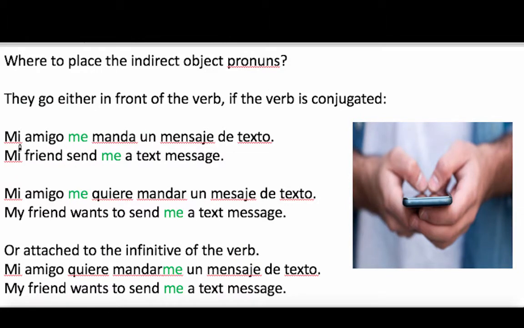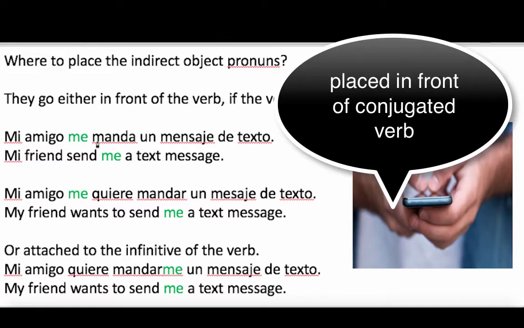Where to place the indirect object pronouns? In this example, mi amigo me manda un mensaje de texto. The indirect object, which is me, because it's for whom the text is being sent, is in front of the verb manda. Manda means to send. So I can have the indirect object in front of the verb, of the conjugated verb. In here, mi amigo me quiere mandar un mensaje de texto.